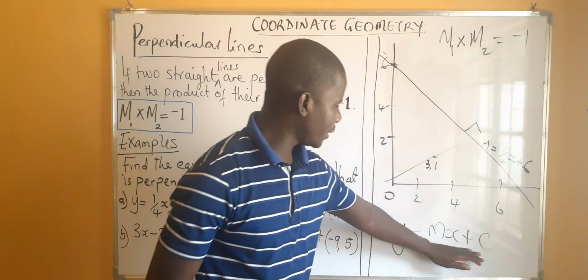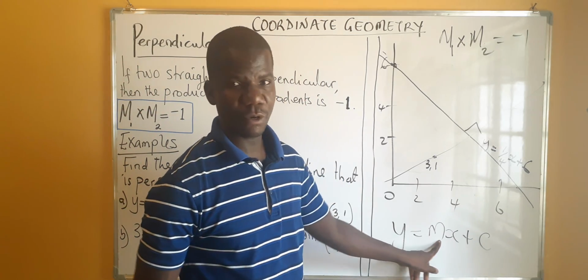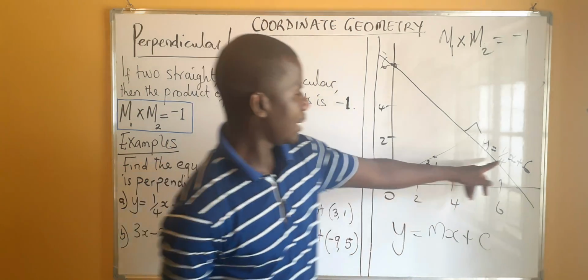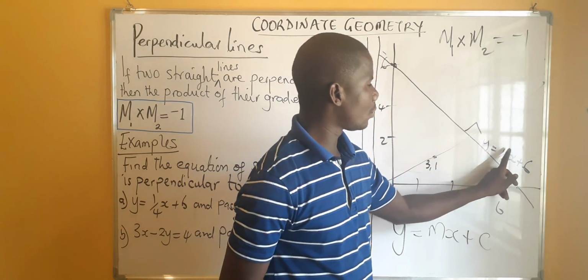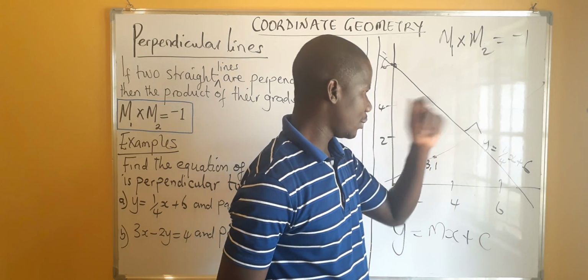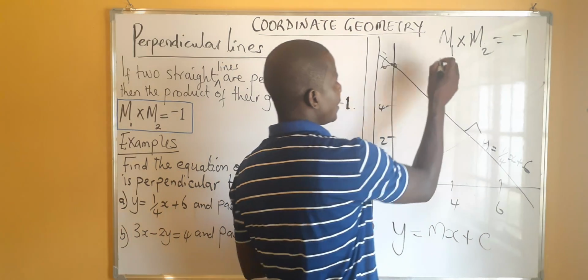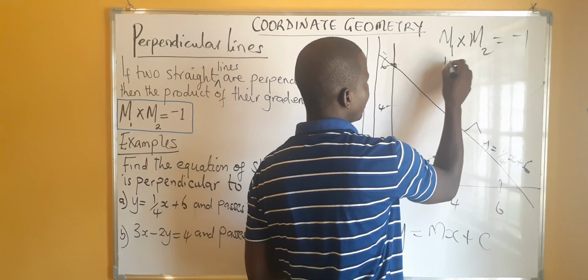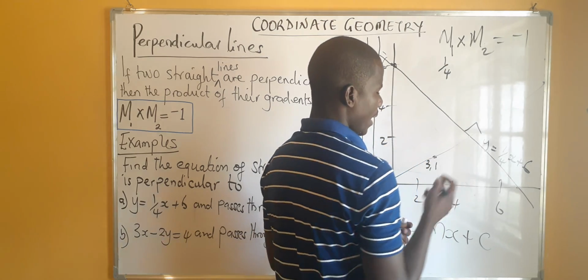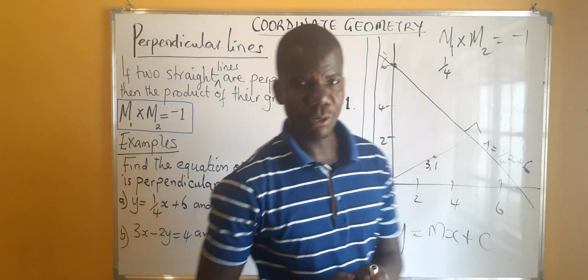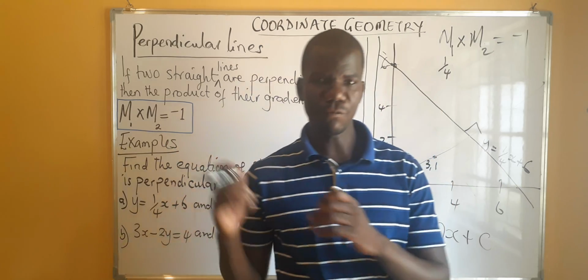Once we have the equation in this form, our gradient is the coefficient of x, which is m. So in this case, our gradient is 1/4. That is our m1, the gradient of the first line.